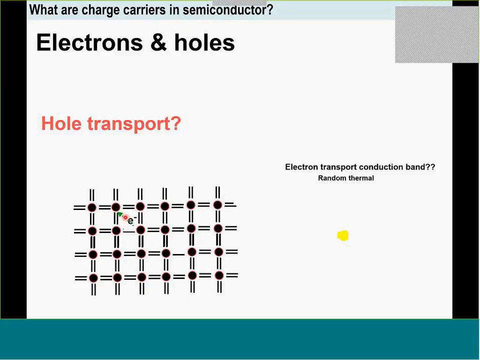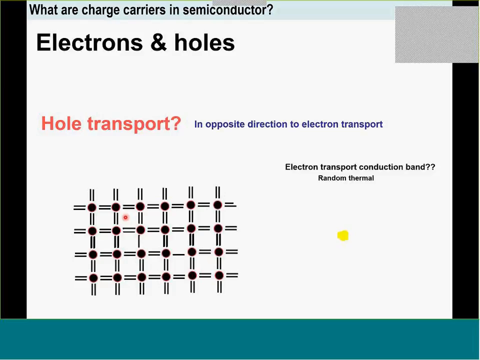Okay, so it jumps. What can you conclude about hole transport? It's in the opposite direction to the electron transport. So electrons move by random thermal motion, and holes move in the opposite direction to the electron transport.